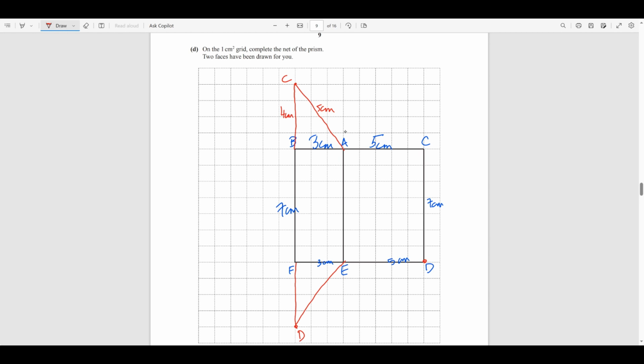These letters are just for you to understand that if D would come back to the original position in 3 dimensions, it would move right above D. So FD has to be 4 centimeters, and this will be 5, right?